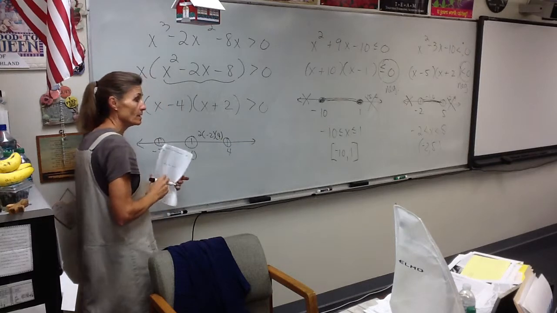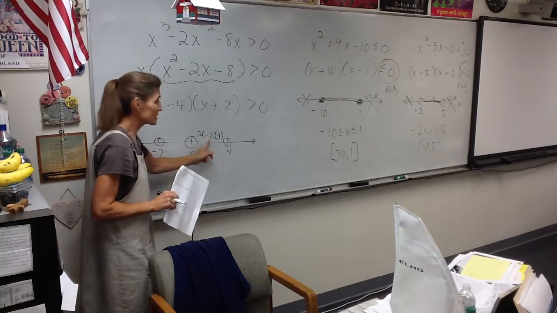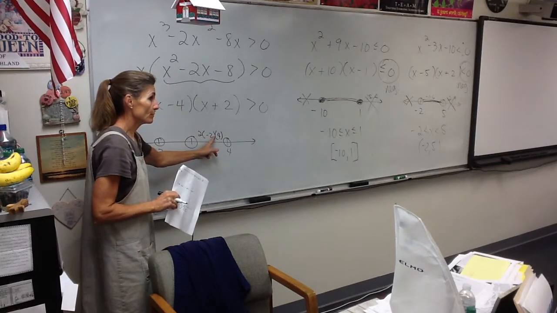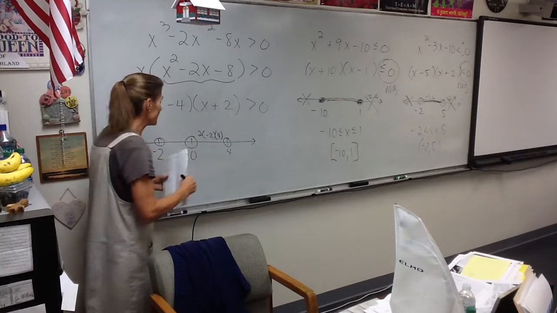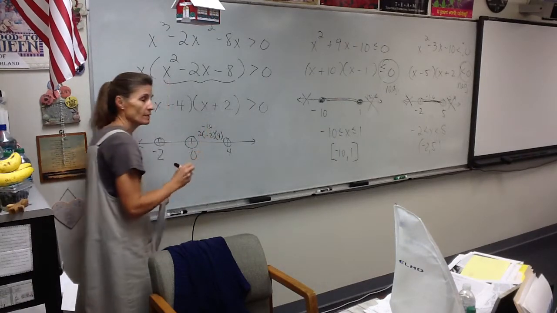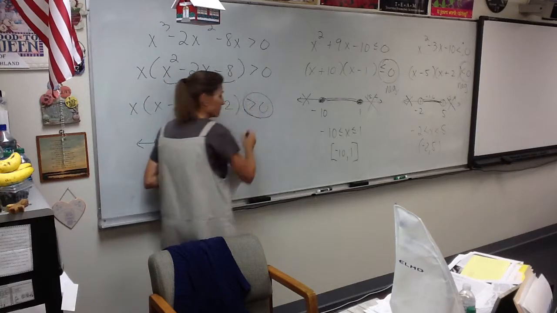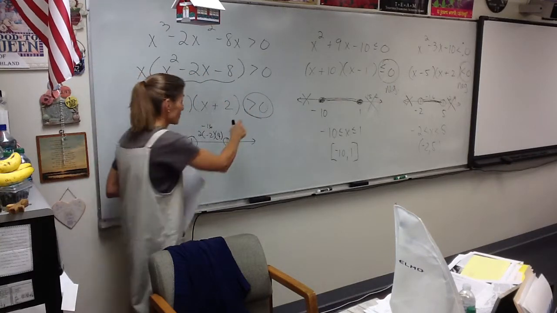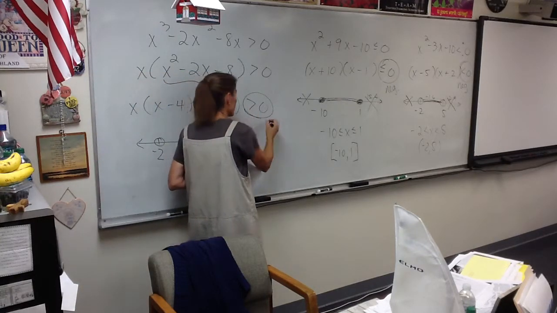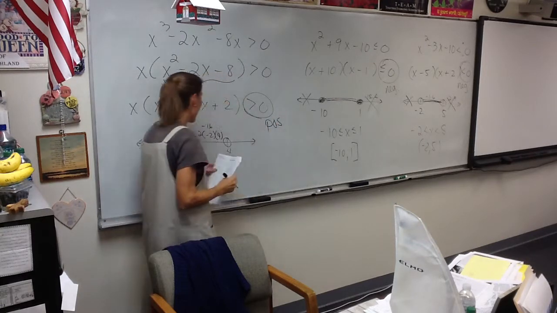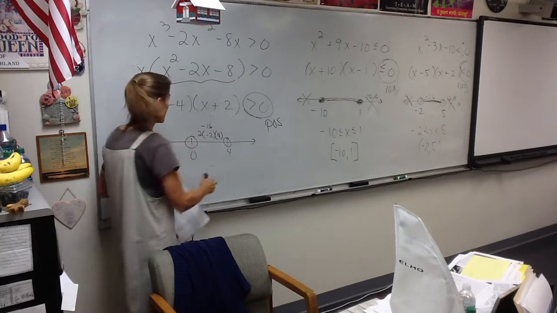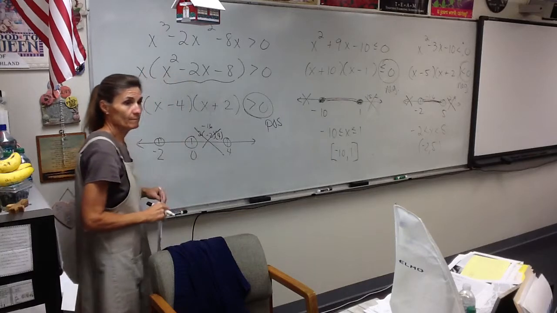Now when I multiply those together, I get a negative number, don't I? Yep. Is that what I was looking for? No. What's greater than 0 mean? Positive. I'm looking for positive. I got negative, which means that didn't work, did it?